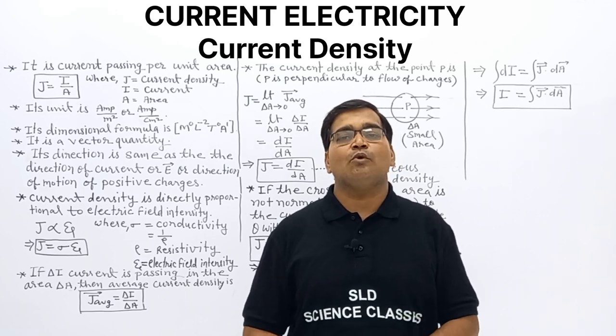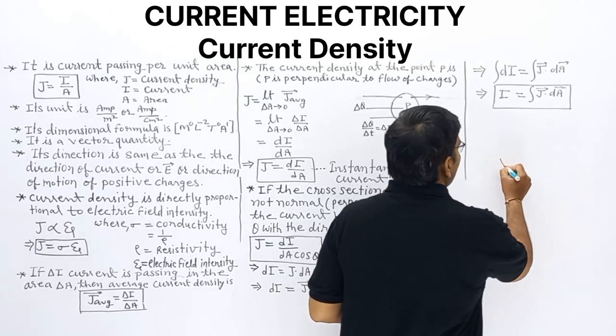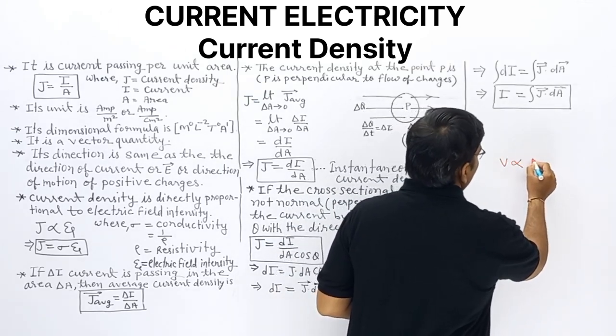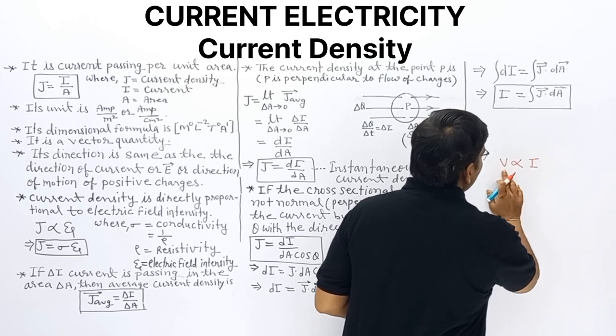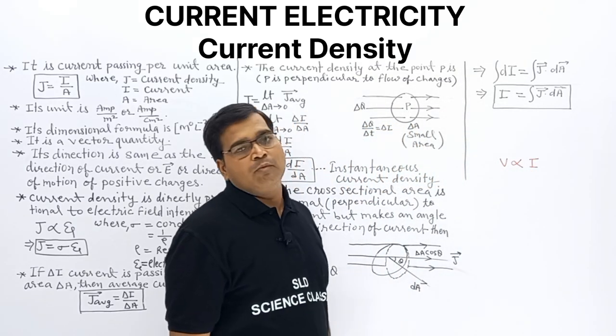If the voltage drop across the element is V, and current I is flowing in that element, then V is directly proportional to I. This is Ohm's law.